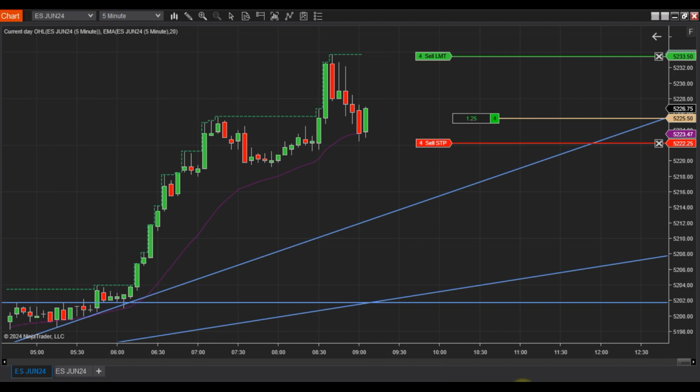Okay, nothing left to do but sit and wait. This could also be a bull bar, and then I just get stopped out. Who knows what'll happen, right?